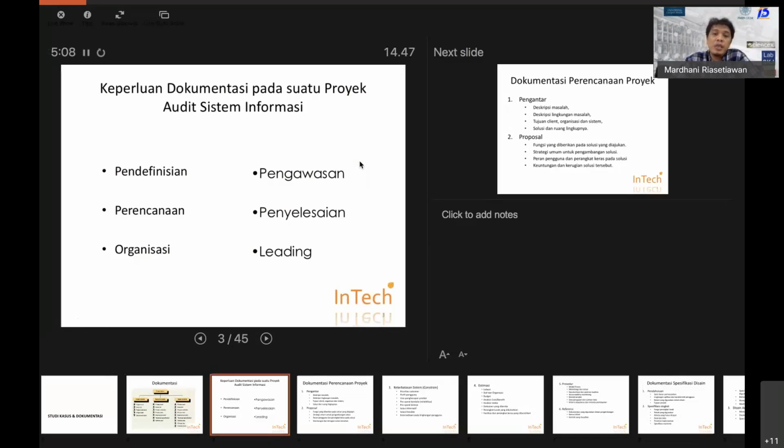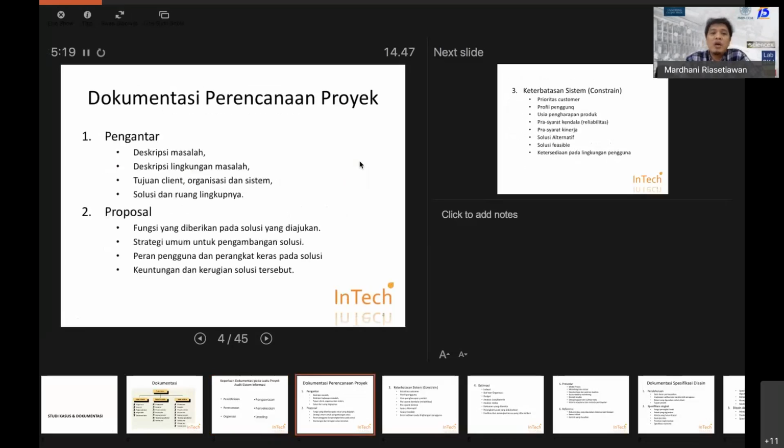So in the information system audit, we have some checkpoints in every document, and we need to look at the structure of the document. For example, for project implementation documentation, we need to have this point of view or point of check. First, for the introduction, we need to have a problem description that we look at in the documentation.